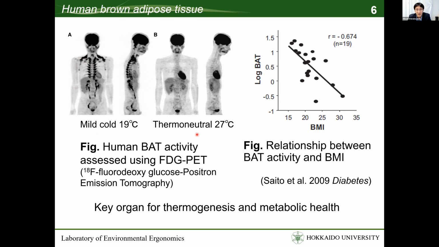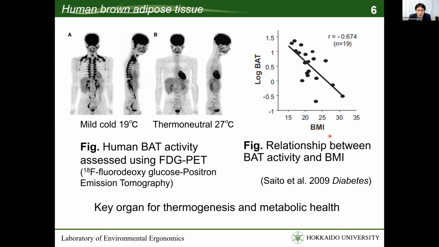So this result clarified the cold-induced activation of brown adipose tissue in human adults. Additionally, as shown in the right figure, they showed a significant correlation between human BAT activity and their body mass index.